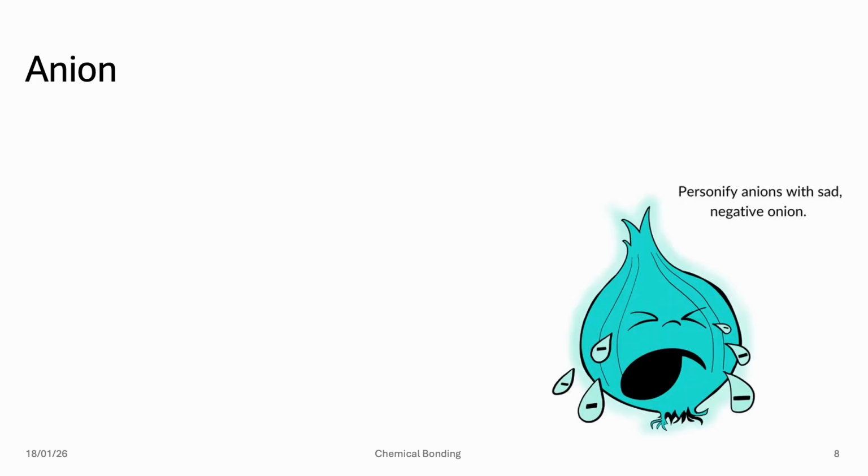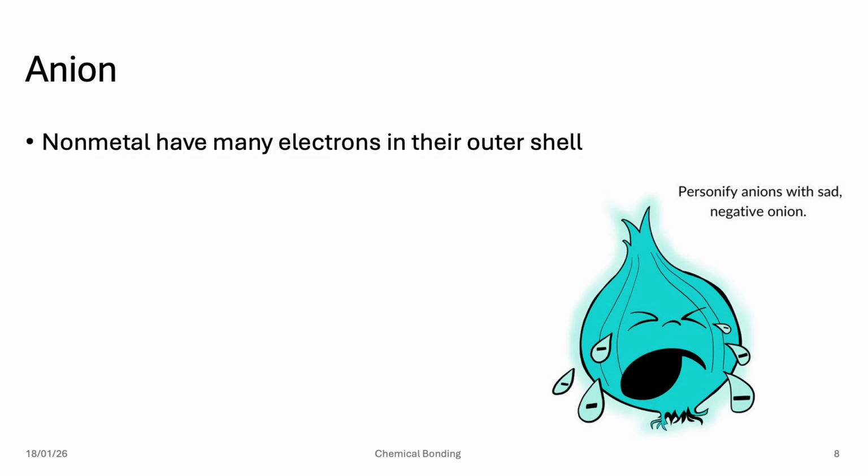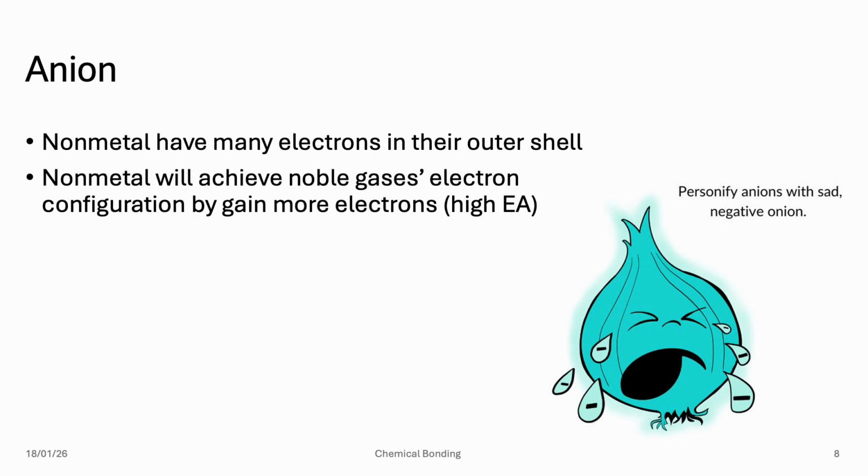Okay, let's take a look at the other part of the ions. The counterpart of cation is called anion. Basically, non-metals have many electrons in their outer shells, so it is hard for them to lose electrons. Instead, they will accept or gain more electrons because they have high electron affinity.